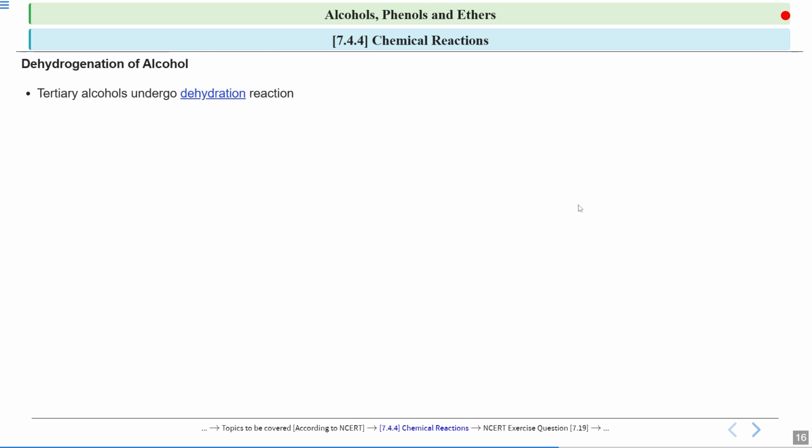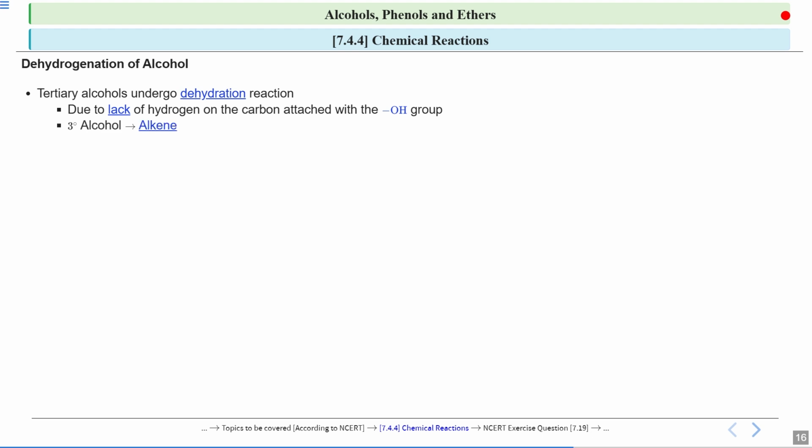Now if we move forward, we see that tertiary alcohols will not undergo dehydrogenation. Why? Because of the lack of hydrogen on the carbon which is attached to the OH group. As I told, in tertiary alcohols, the carbon to which your OH group is attached has no hydrogen, because the valency of that carbon is already fulfilled.